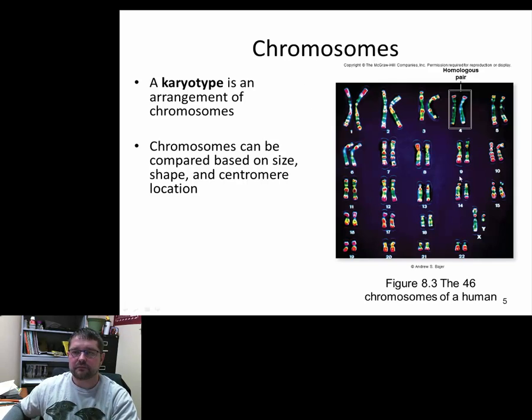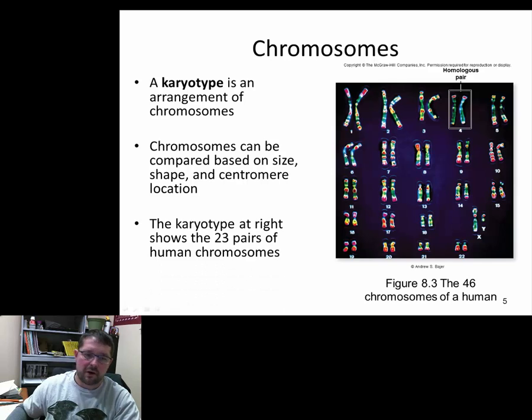So we have those capabilities now, far more than we did in the past, but even in lab, you guys saw how we can karyotype. We can splat chromosomes open, and then we can match them based on their size, their shape, and where their centromere is. And that's how we originally figured out that humans have 23 chromosomes and that they have 2 copies of each. Okay, so 23 pairs.